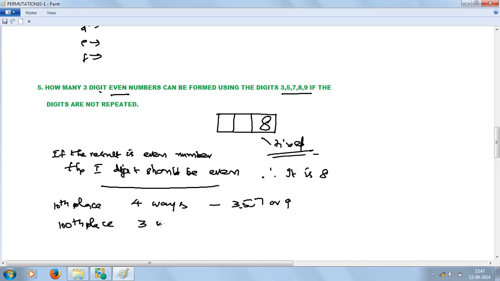We can fill in 3 ways. For 3, we can fill up with 5, 7, 9. For 5 means we can fill up with 3, 7. For 7, we can fill up 3, 5, 8. For 9, we can fill up 3, 5, 7. 3 ways. Here 4 ways.